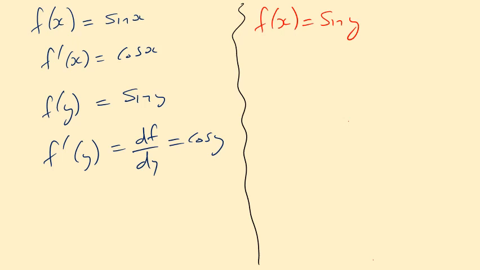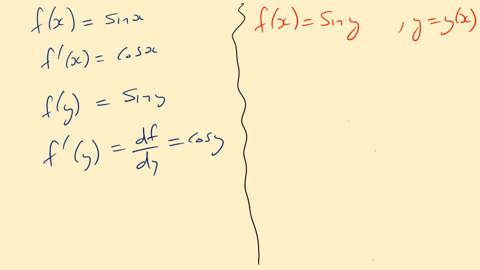Now you're saying, where is the x? Well, we're saying that y is a function of x. We're not going to tell you what function it is. It could be x squared, it could be e to the x, could be whatever. We're saying it's implicit, right? It's a function of x.